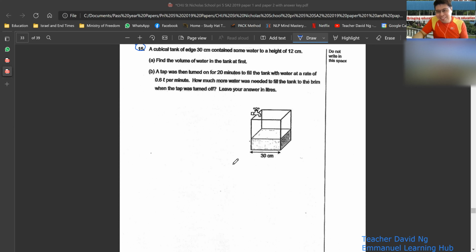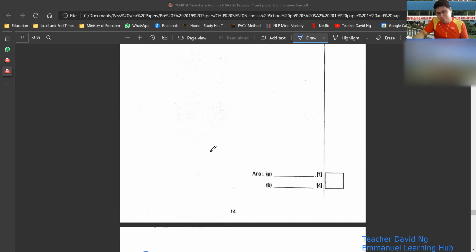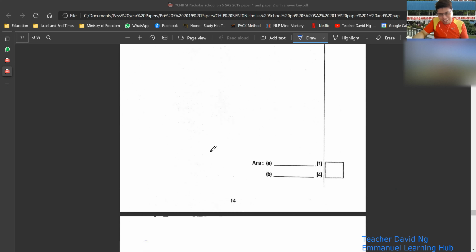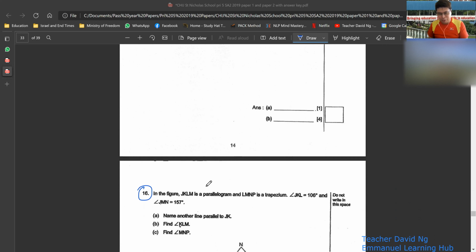I always tell my students, pull up the bell curve, so that other students cannot get the AL1. But nowadays, there's no such thing as pulling up the bell curve already. Nowadays, above 90 is AL1. That's why they changed to this new system. You cannot pull up the bell curve anymore.